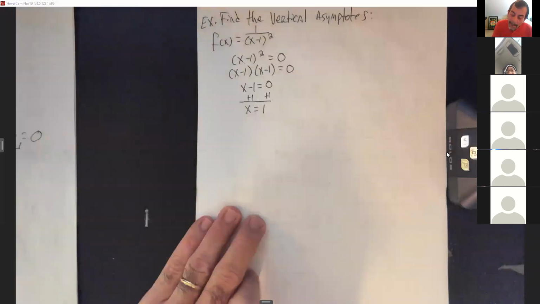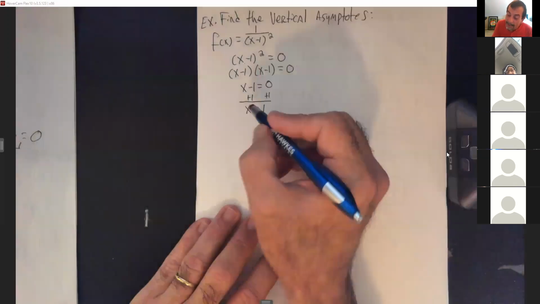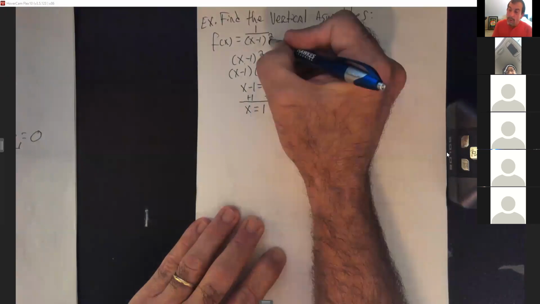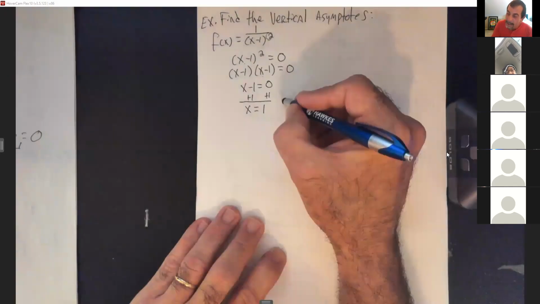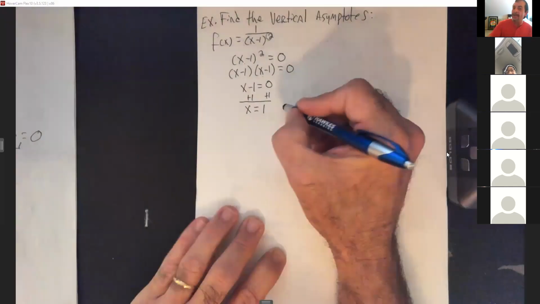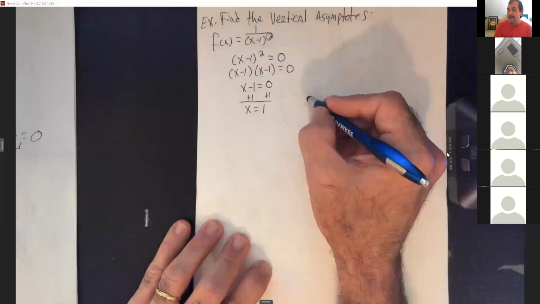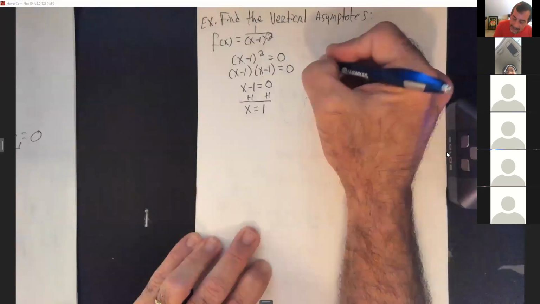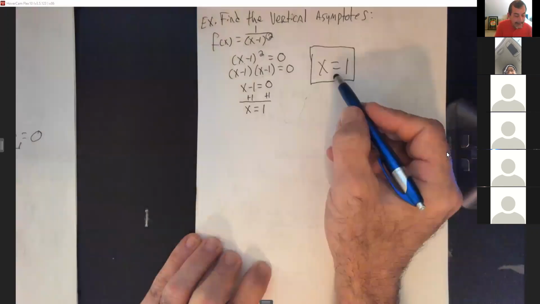Now, the reason we only got one vertical asymptote on this is because remember, that's an even multiplicity, and even multiplicities come down and touch the line, they're tangent to it, but they don't pass all the way through it. So since it don't pass through, it don't go through and then have another 0, okay? So the final answer on that is x equals 1. So if you got a repeating factor, you only got to list it once as an asymptote.